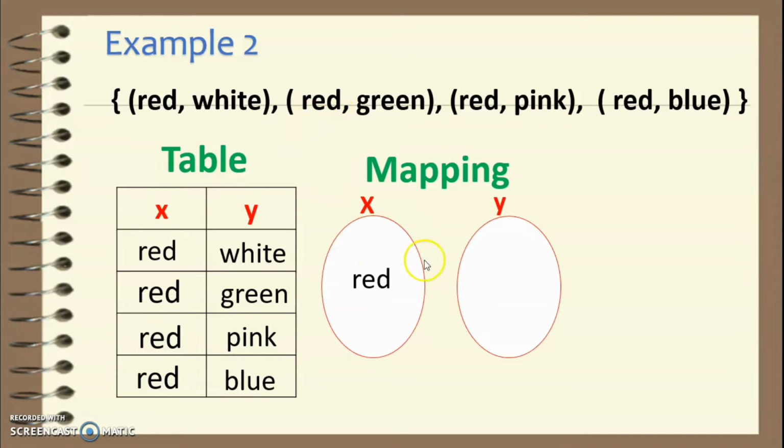So, we will write our domain as 1 red. Okay, then we will write all our range, y, then connect, green, connect, pink, connect, then blue. So, ito yung mukha ng ating mapping. Okay?